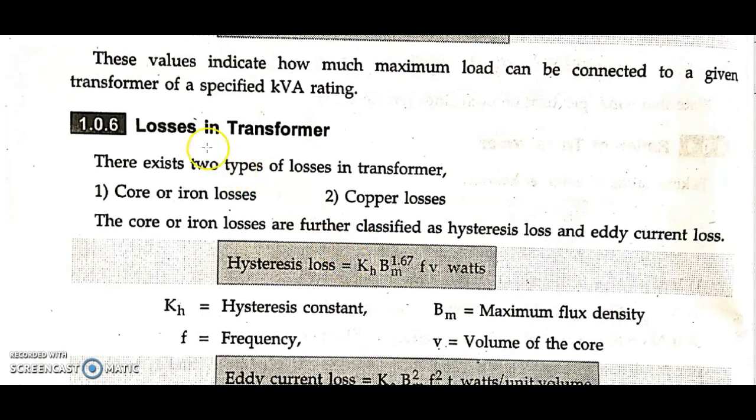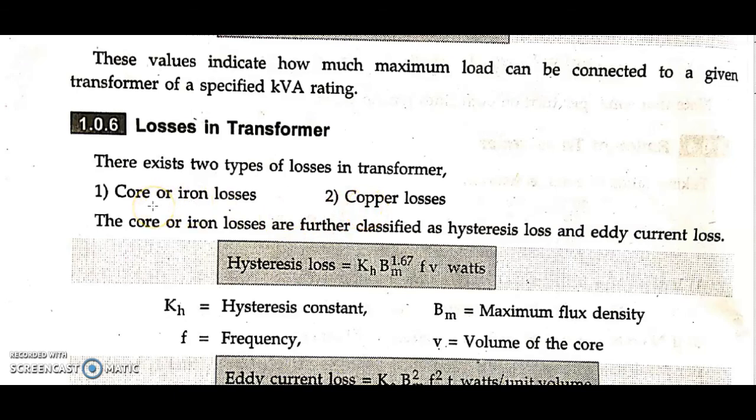Now coming to the losses in transformers. Basically there are two types of losses in a transformer: constant losses and variable losses. Constant losses include core loss or iron loss, whereas variable losses include copper losses. Core or iron losses are categorized under constant losses, and copper losses are categorized under variable losses.